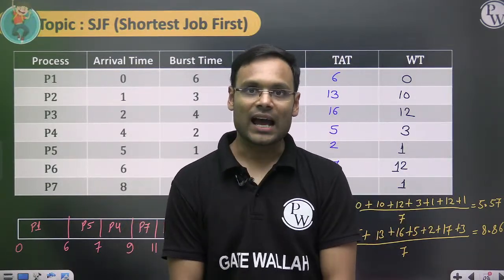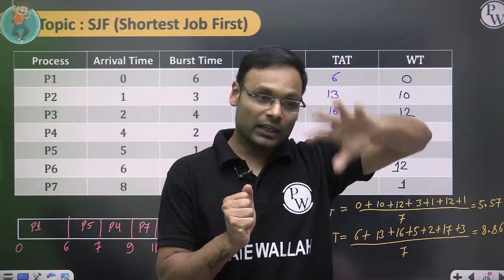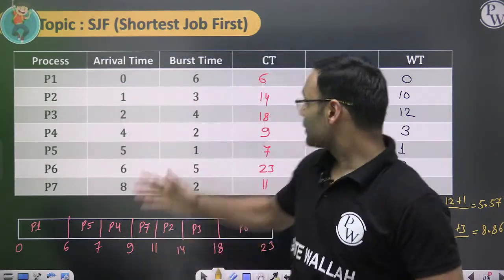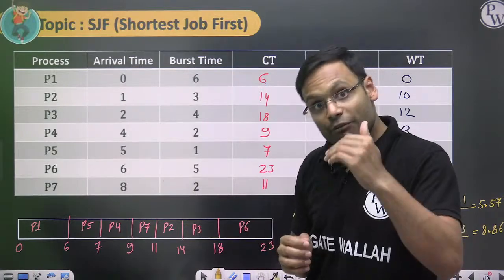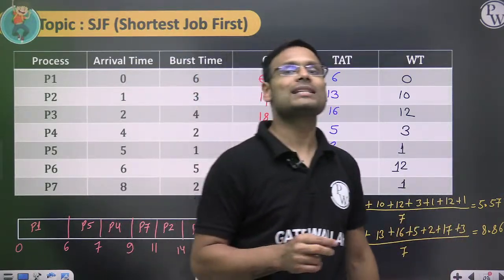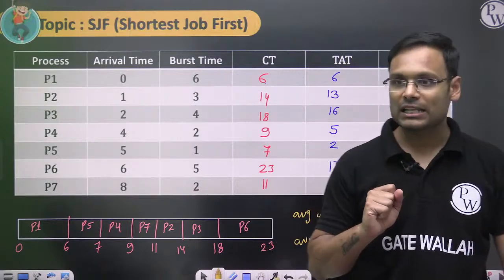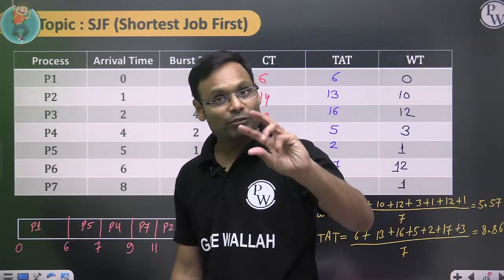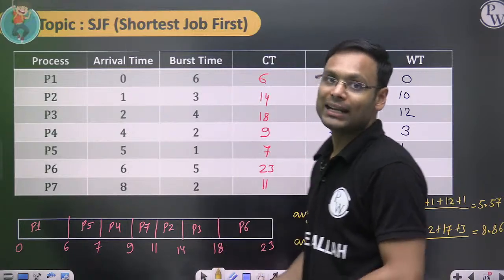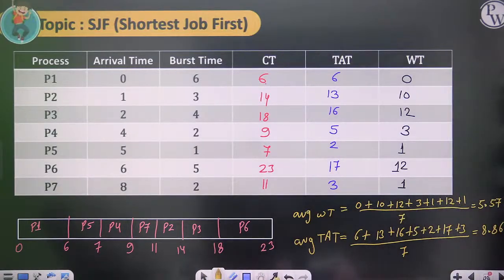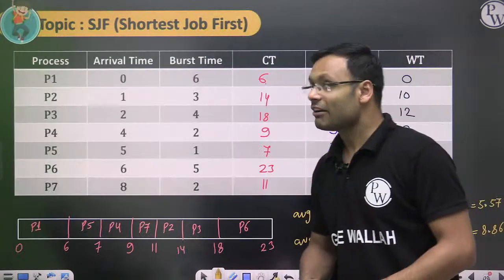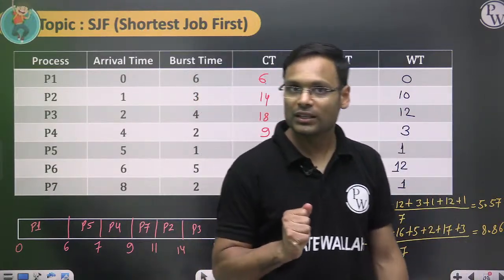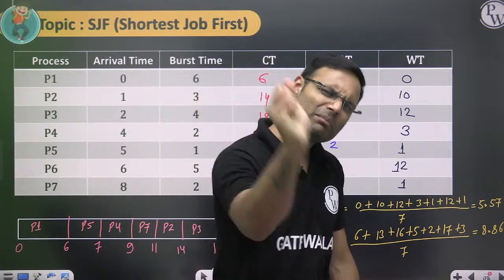The study says that if, let's say, in the last 1 hour I have executed these 7 processes, and their burst times were like this, and if I execute these processes in the sequence of burst time, smaller burst time process first, then next, what will be the average waiting time? Let me calculate it. From past data, I calculated the average waiting time, and among all the non-preemptive algorithms, SJF provides you the minimum average waiting time.